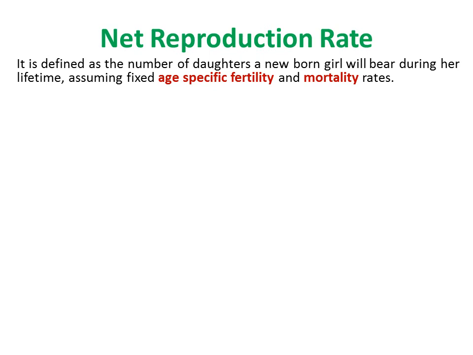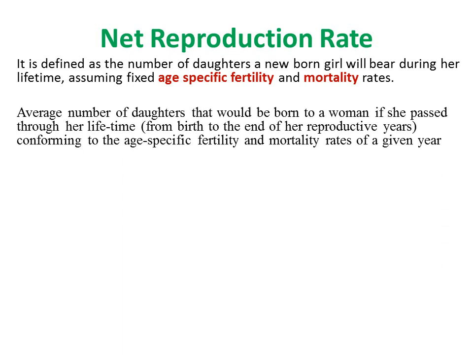So the difference between gross and net is how many are gained minus how many are lost. In other words, net reproduction rate is the average number of daughters that would be born to a woman if she passed through her lifetime conforming to the age-specific fertility and age-specific mortality rates of the given year.